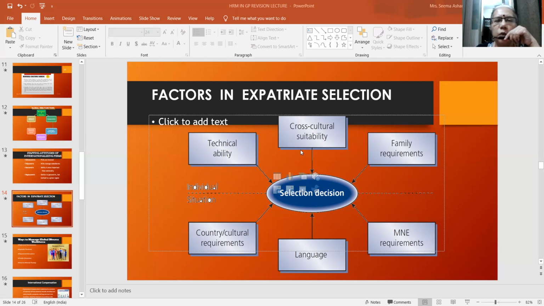Does the individual have the ability to adjust to the new situation, that is cross cultural suitability, and meet the requirements of the foreign country in which he is going to be sent? Does he know additional languages which will be useful to him in the international assignment? What are his family commitments or responsibilities? And what are the requirements of the organization?